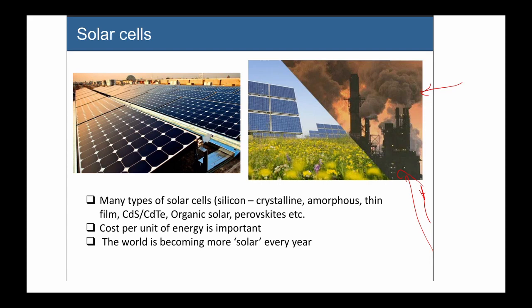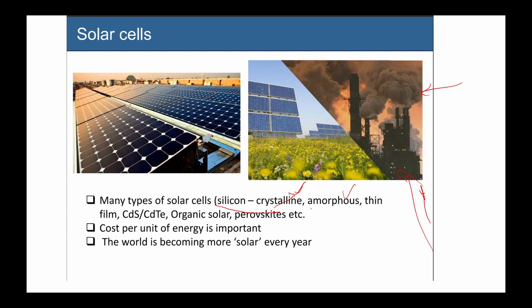Okay, there are various types of solar cells. In silicon solar cells, there are crystalline solar cells and amorphous solar cells. Crystalline are a bit more efficient than amorphous solar cells, and they are a bit expensive also. In terms of efficiency there is not that much difference, but there is a difference.